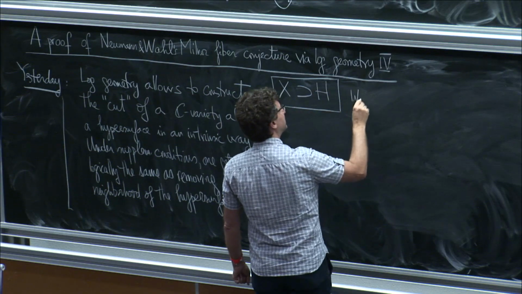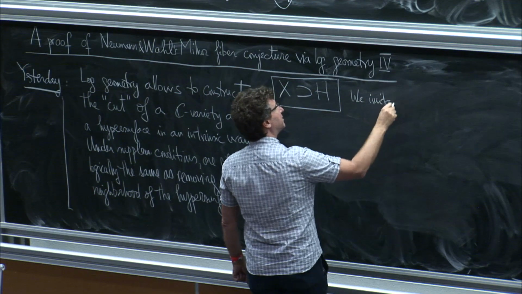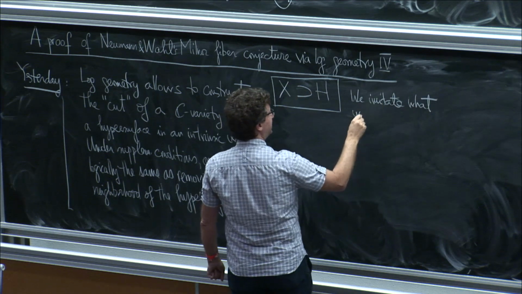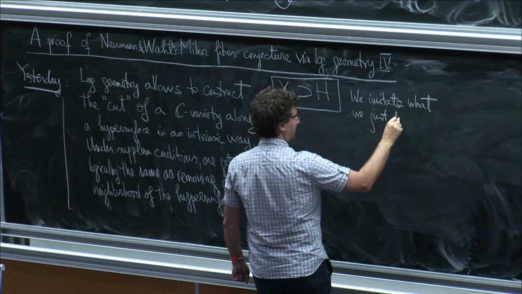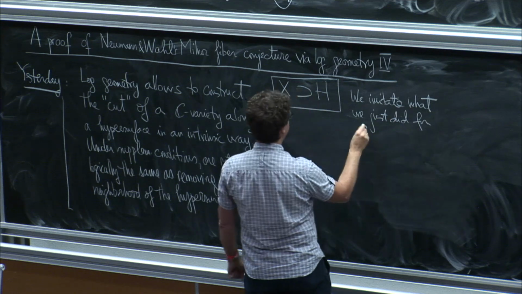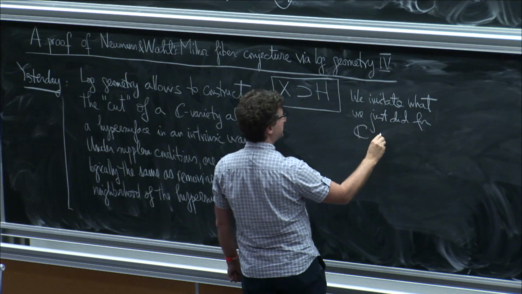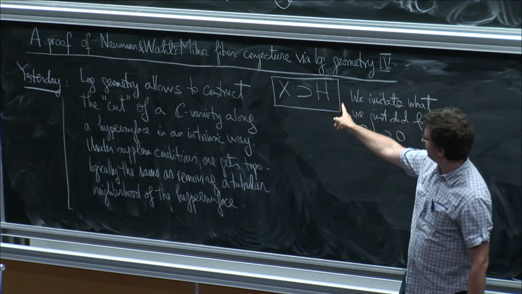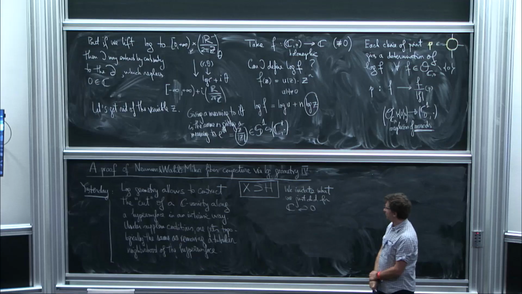We imitate what we just did for C, and inside C, the origin. This is a baby example of a hypersurface inside a complex variety.